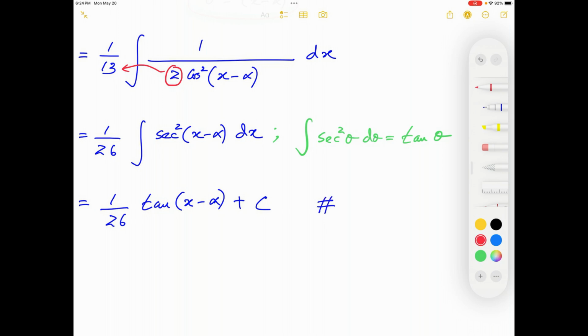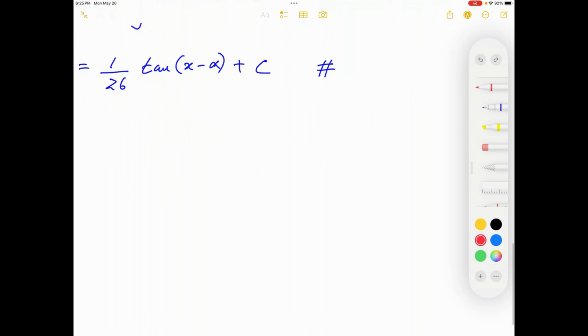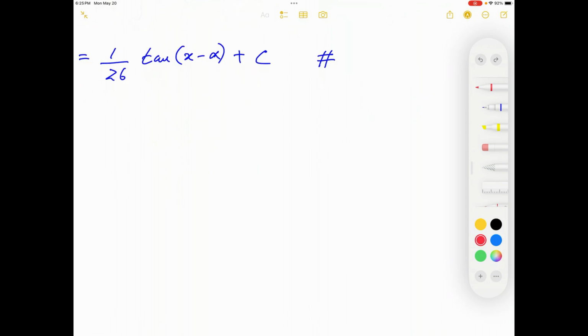This is a final answer because alpha is a well-defined angle. However, if you would like to proceed, and if you would like to keep the answer only in terms of x, we may do so. In order to do that, we have to apply the tangent a minus b expansion for this part, and then we have to simplify it along with the 1 over 26.